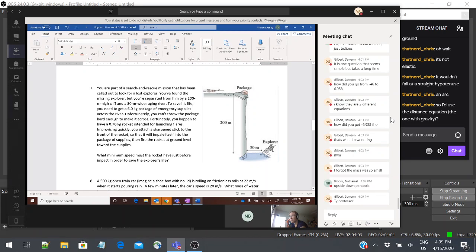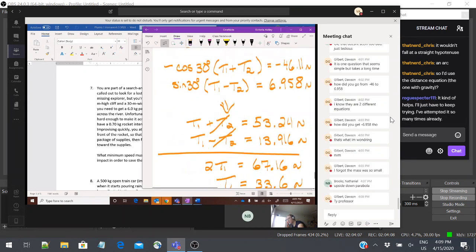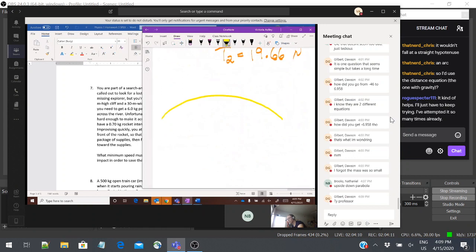You can do the range equation if you realize that it's half the range. If something is launched horizontally, that's the same as starting at the halfway point. So in your range equation you would do 1/2 r.